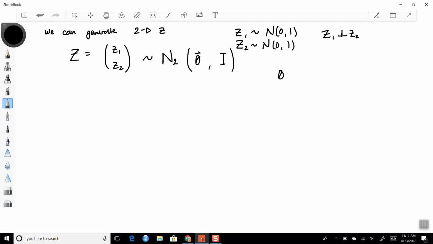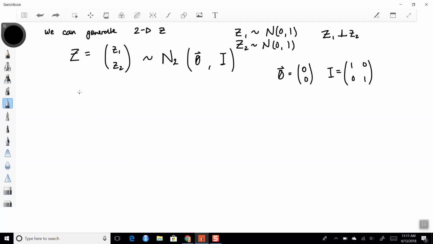So the 0 vector would be 0, 0, and then the identity would be, okay, because Z1's coming from standard normal, so it's going to have a variance of 1, and Z2 comes from standard normal, so it has a variance of 1, but they're drawn independently, so there's going to be no covariance between these two. Okay, so this is our starting point, and we want to somehow go from Z to an X, where X does have some kind of covariance here.